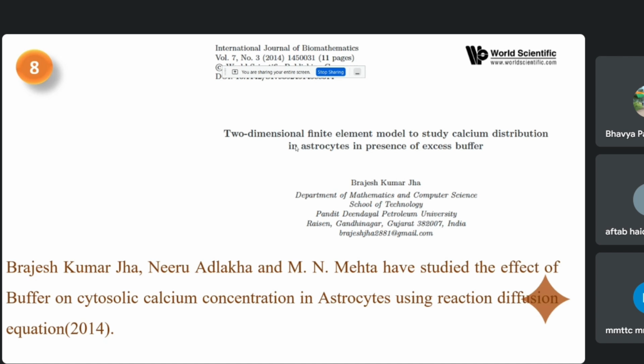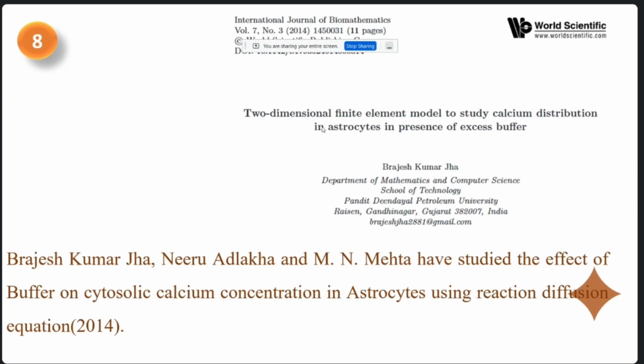Our first paper, the genuine paper that we can say, distribution in astrocyte in presence of X. Those who are interested, just go visit this paper about the finite element modeling.